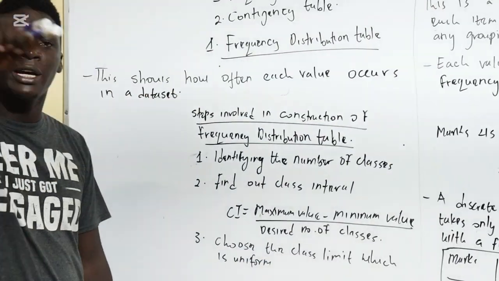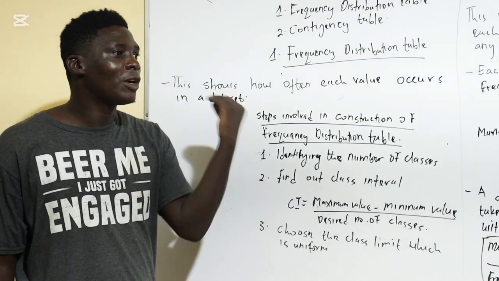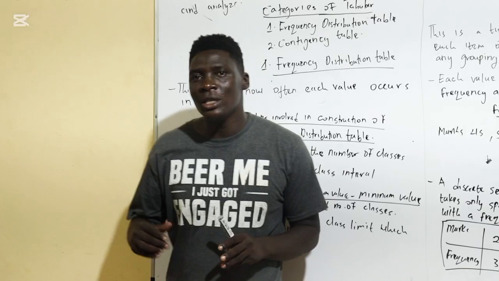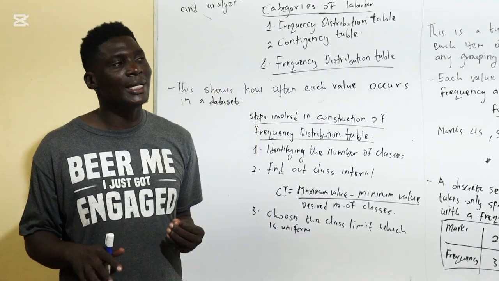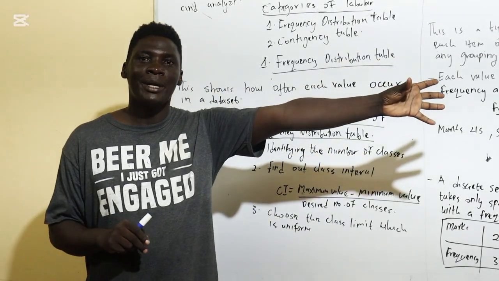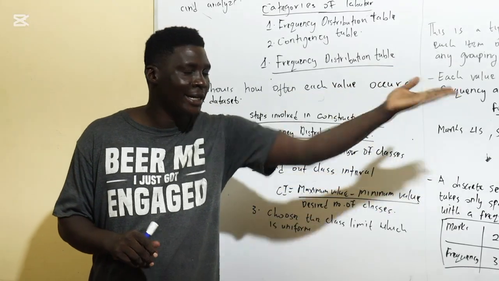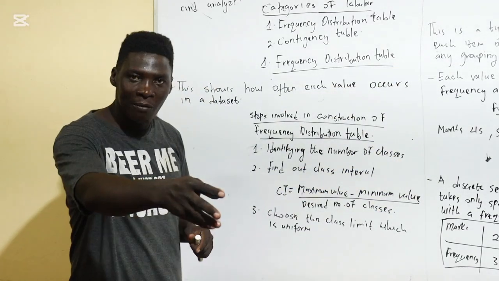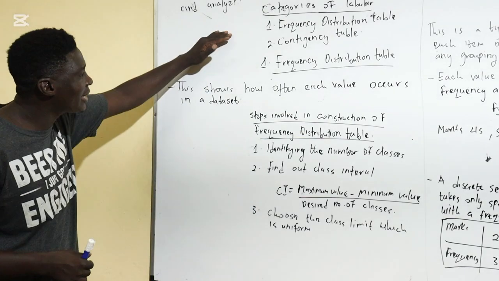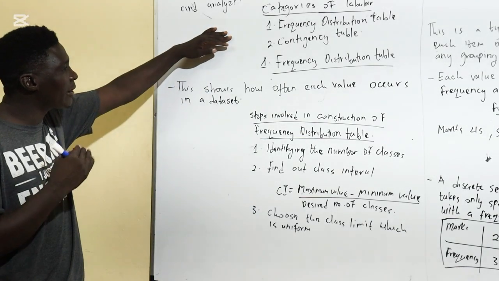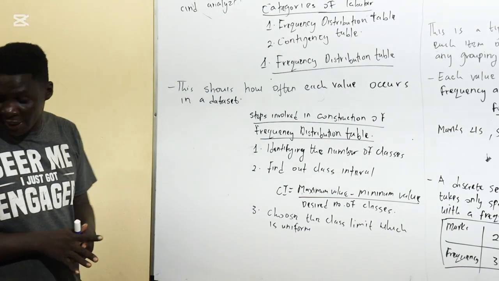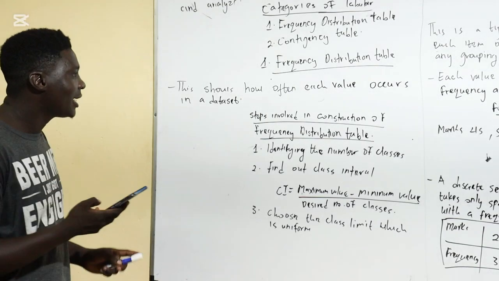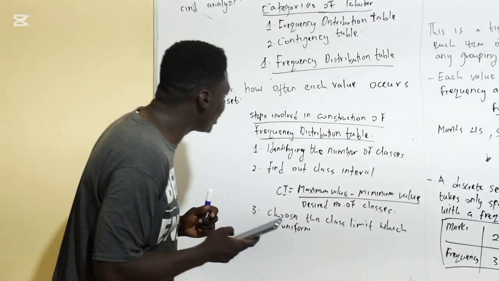So I may group all the students of the same age. The ones with 17 years of age, maybe around 10. The ones with 18 years, maybe there are 2. The ones with 19, maybe 4. When we show in a table how often each value occurs in the data set, we call it a frequency distribution table.